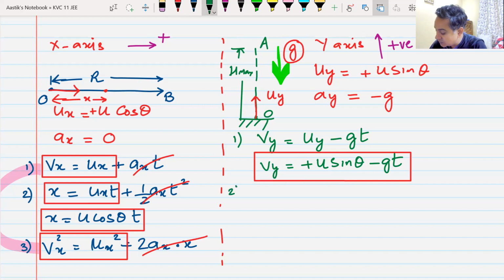What would be the second equation? Displacement along y. y will be equal to uy into t plus half ay into t square. Acceleration is minus g, so it becomes minus half g into t square.